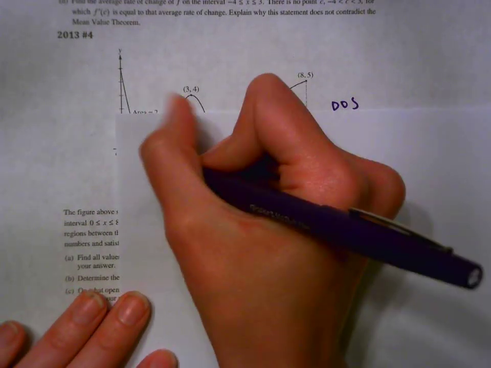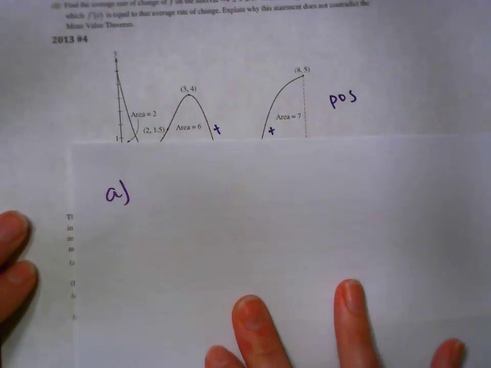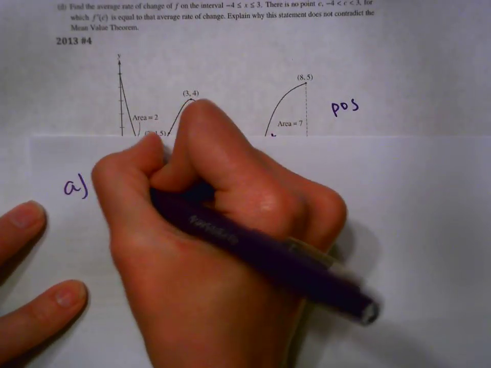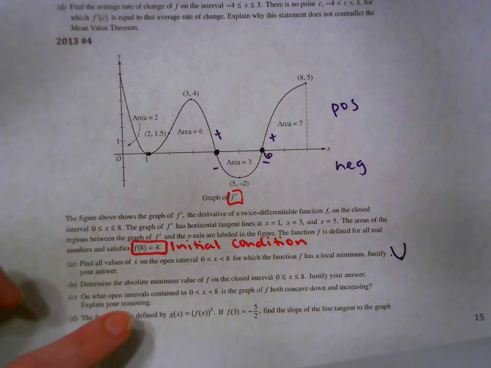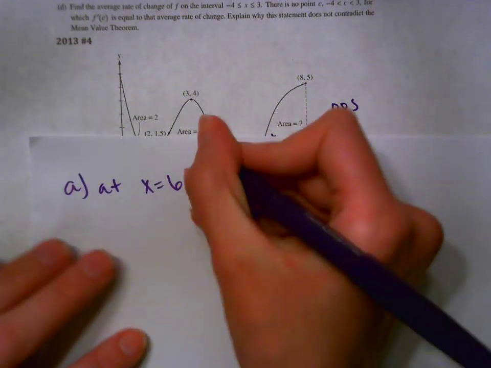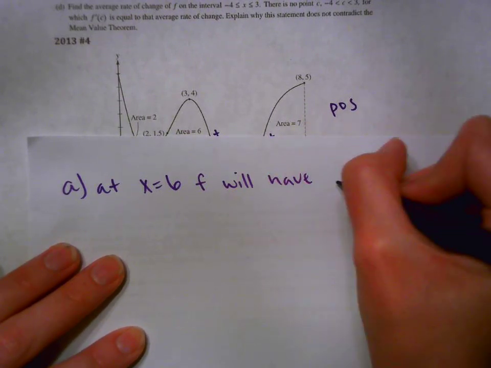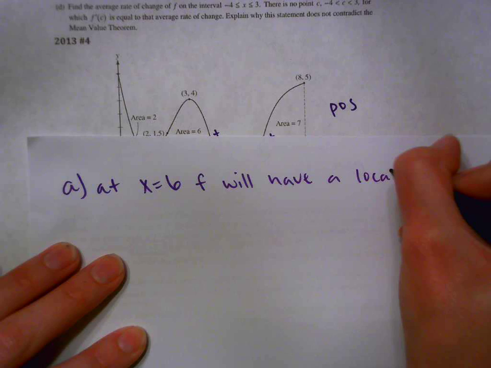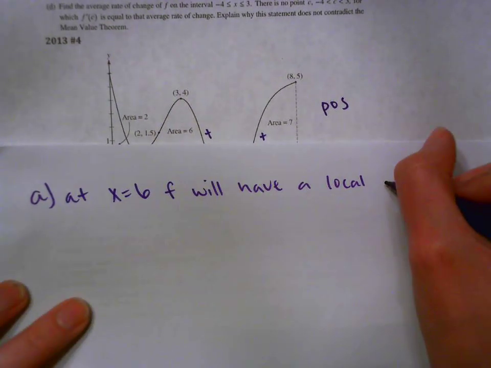So for part A, you would write out: at x equals 6, f will have a local minimum, which is the same thing as relative. You could write relative as well.